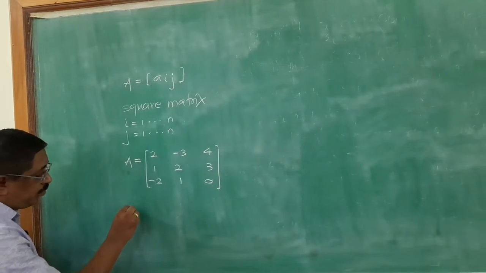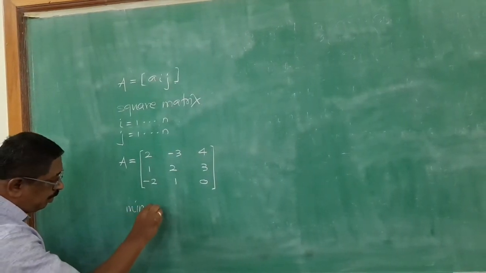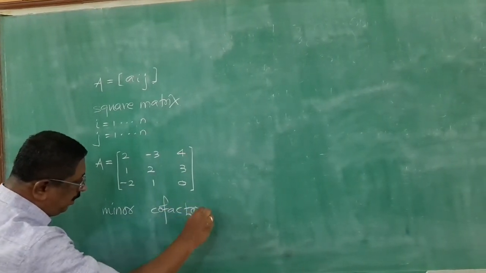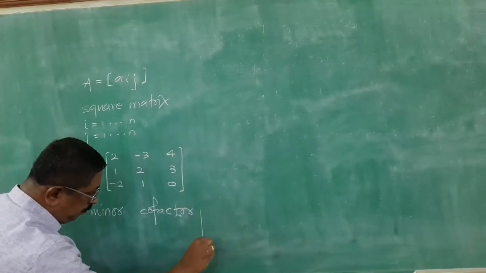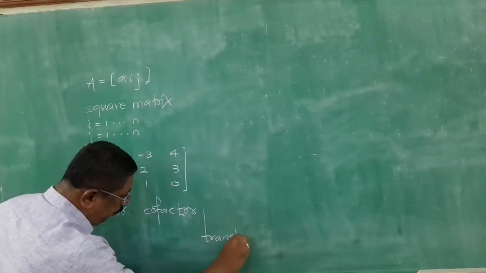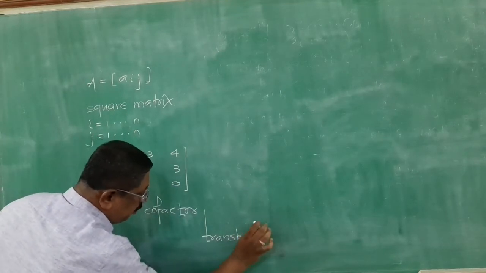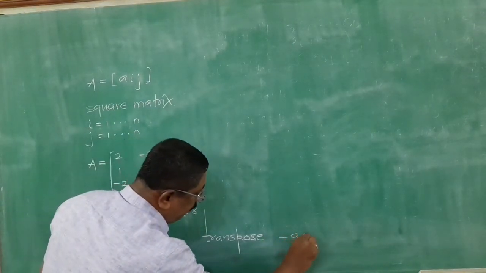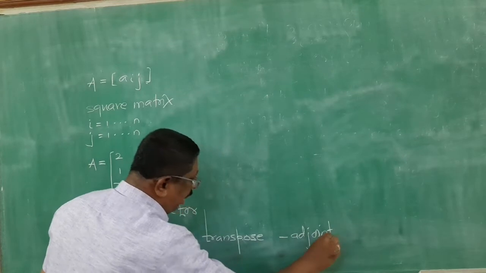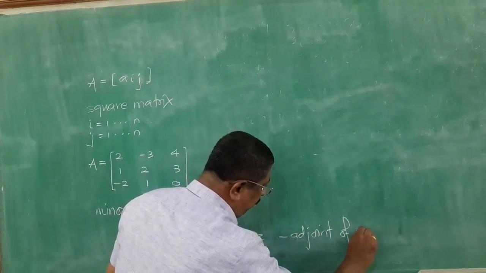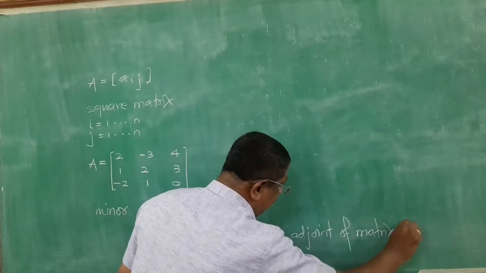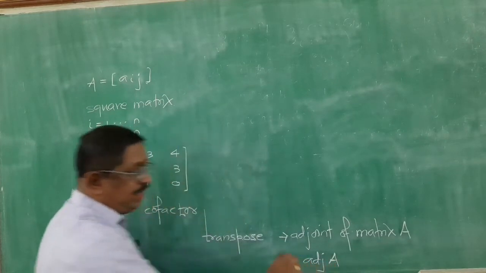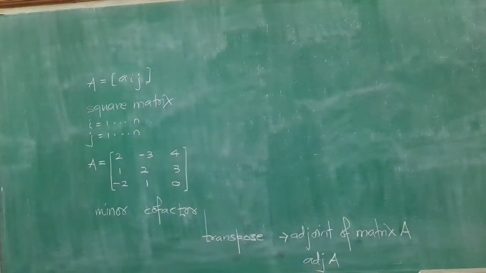To find out the adjoint of a matrix, we need these: minor, cofactor, operation, transpose, and then you will get the adjoint of matrix A, which is abbreviated as ADJ A. That stands for adjoint of a matrix.